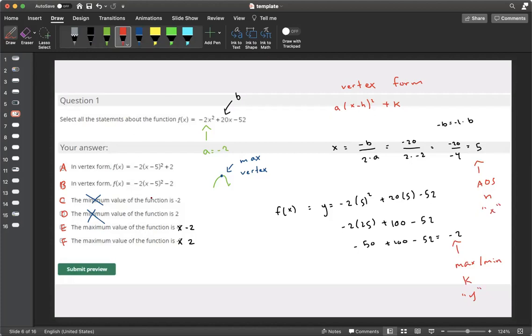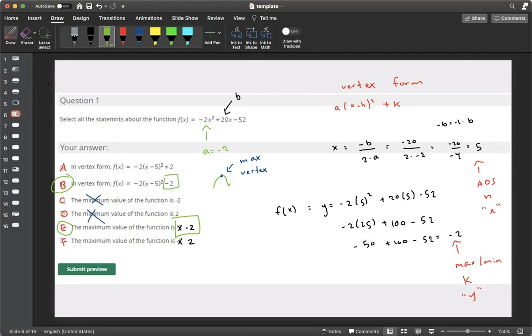So if we look at our answer choices, we know that we have a maximum at -2. So this right here. And then in vertex form, we know it is b, because this tells us that our max or min is at -2.